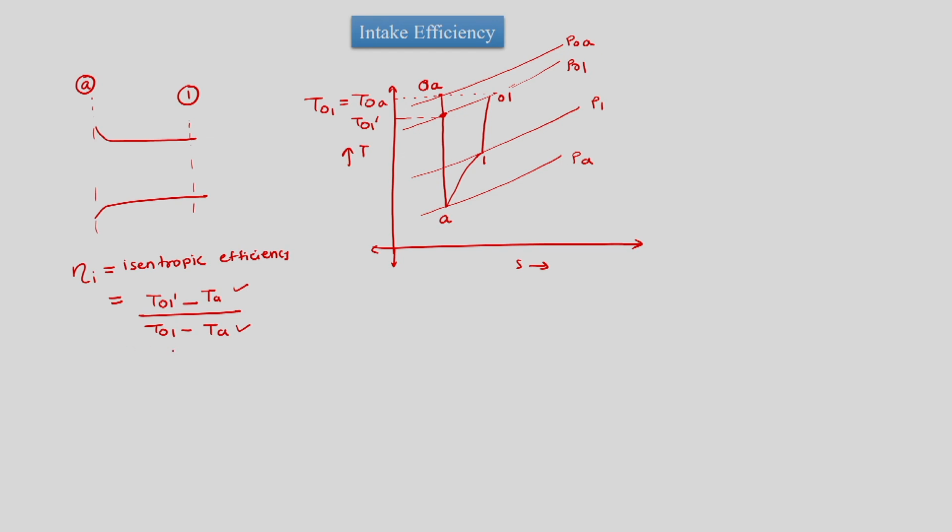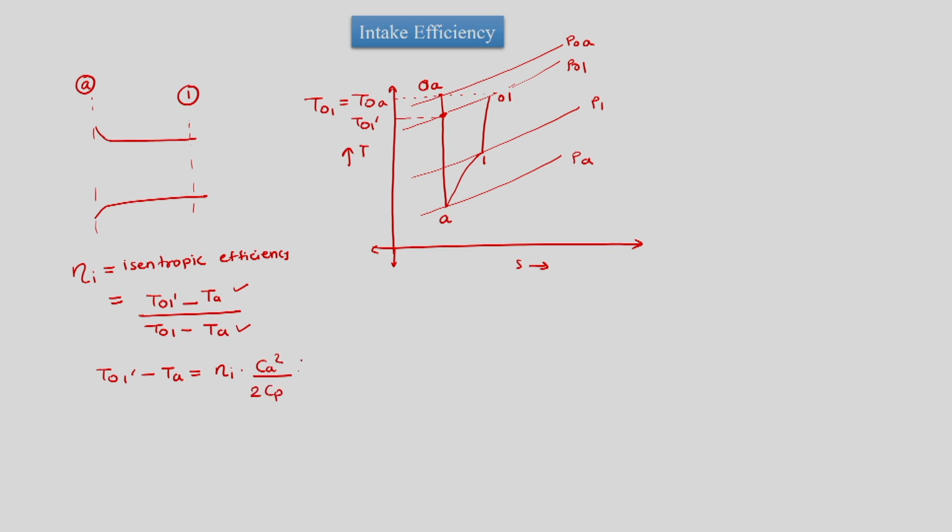So we can write this formula as T naught 1 dash minus Ta is equal to efficiency into Ca square divided by twice Cp.